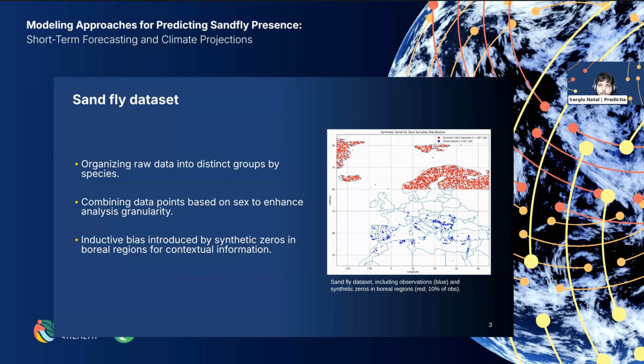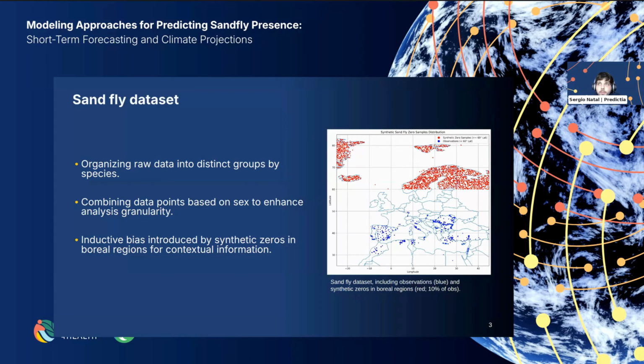For this approach, we also introduce synthetic absences in the boreal regions in the north of Europe, based on ecological knowledge and published literature to correct the sampling bias. This is important because the field surveys are not randomly distributed, but are focused on known present areas.